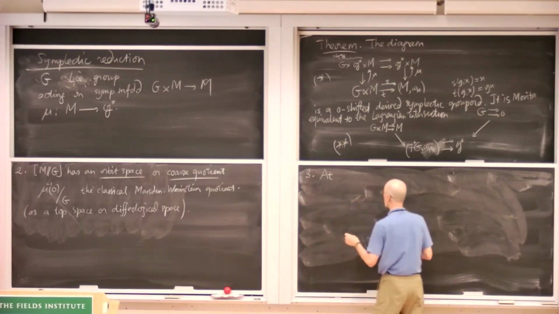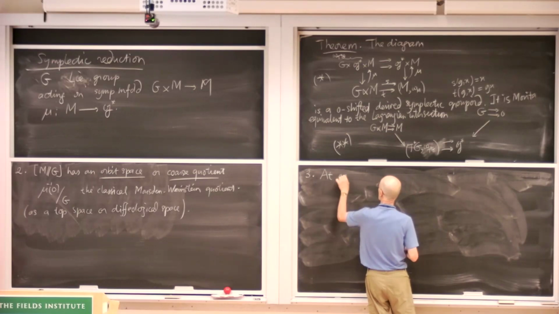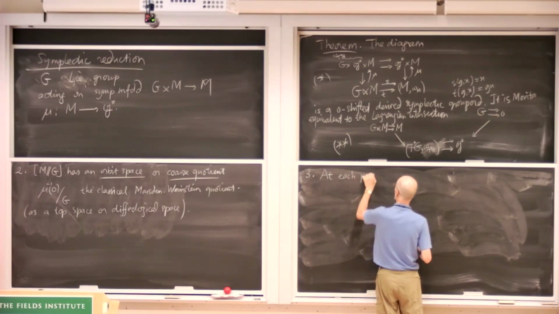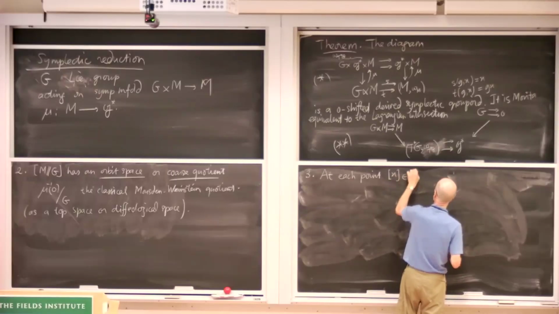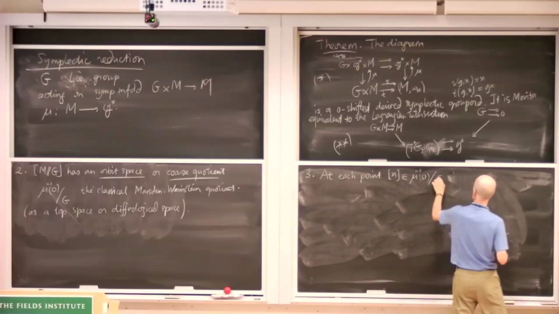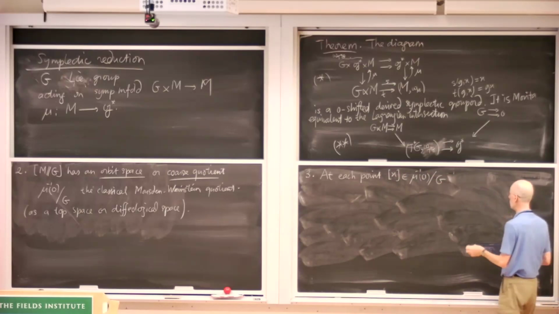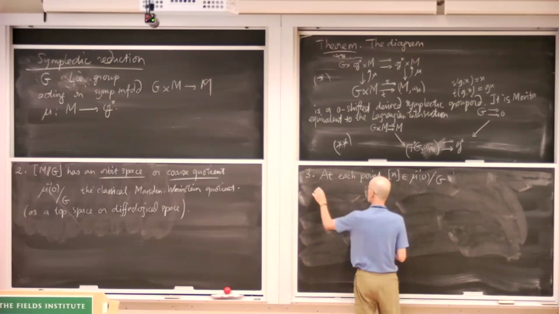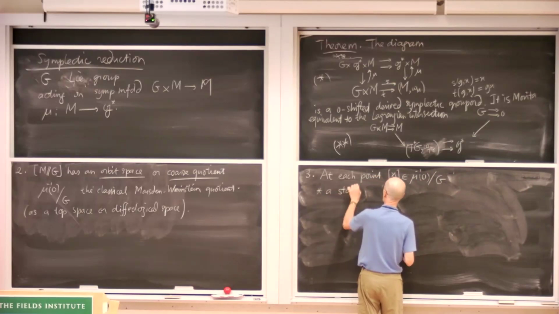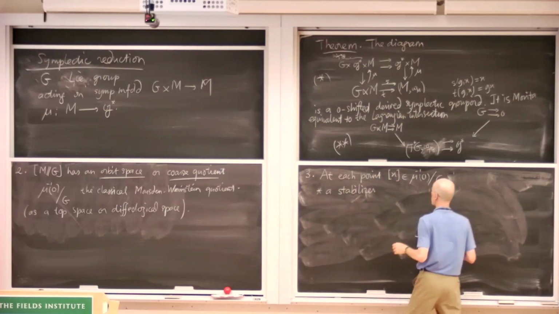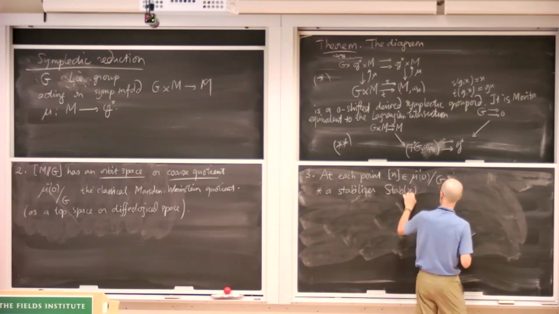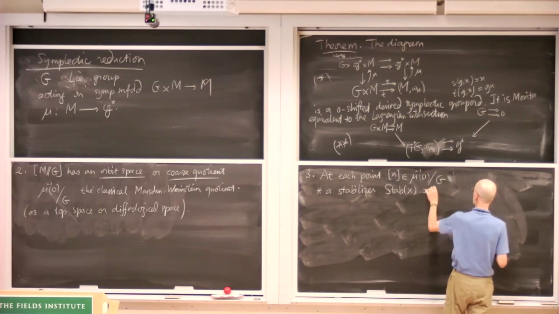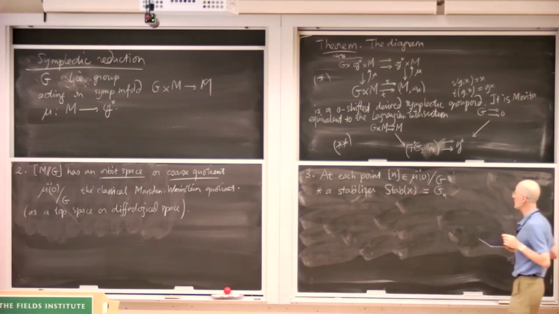At each point in that classical quotient, you have three things. There's a natural stabilizer, which is a Lie group, which is in this case just the stabilizer of the group under the action.